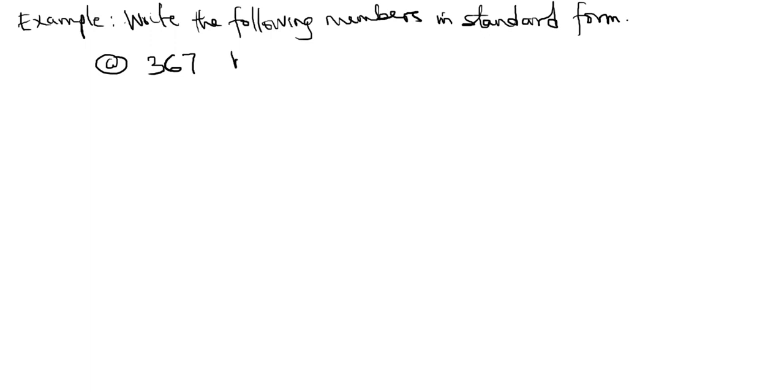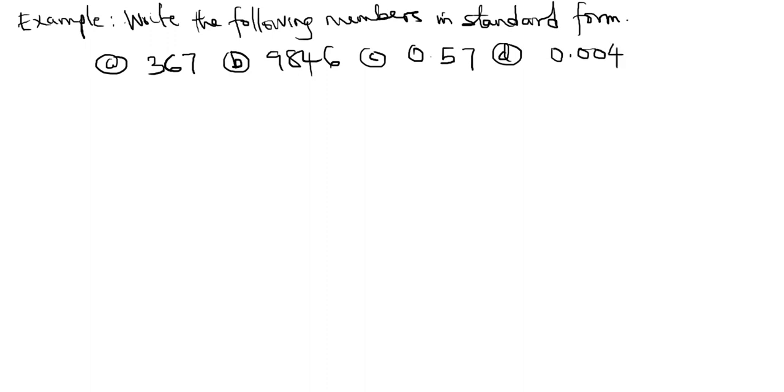How do you write it in standard form? We have another one, 9846. Then C, we have 0.57. And D, that's 0.00437. And let me have this as the last number, that's 7.